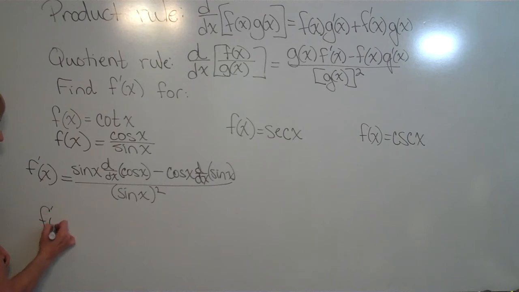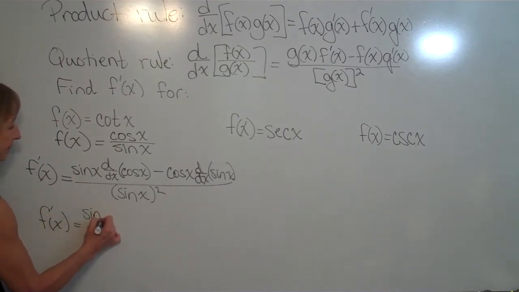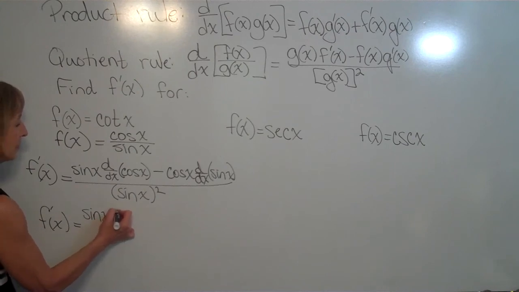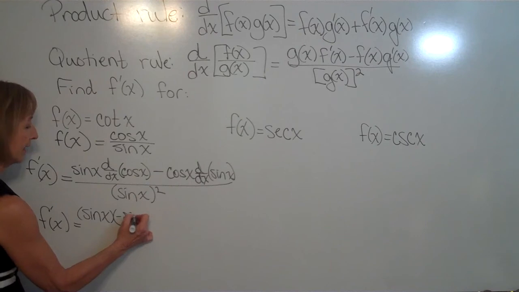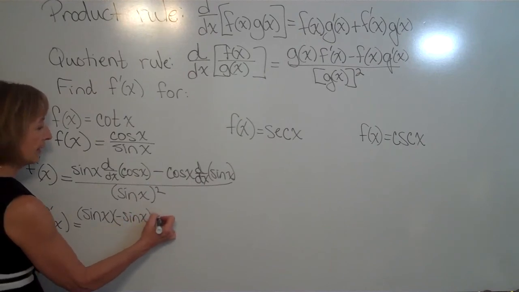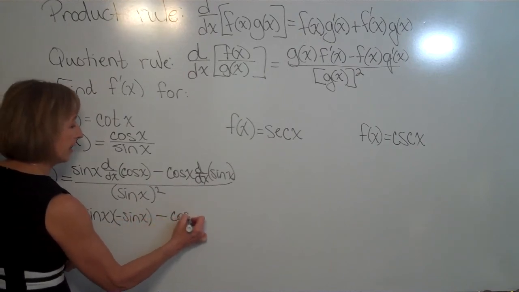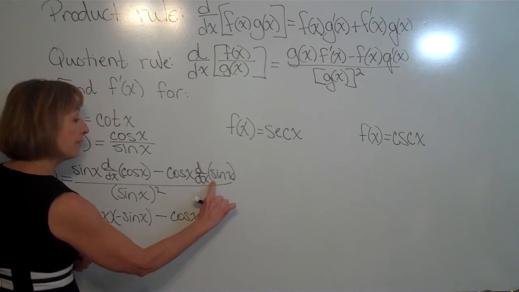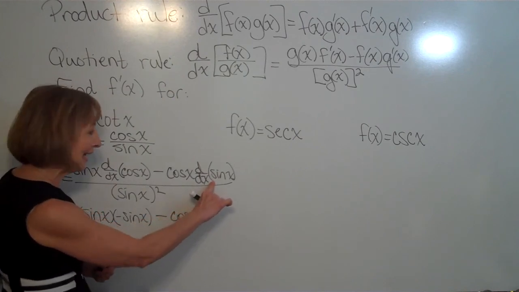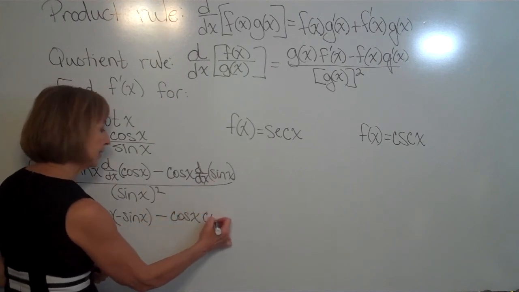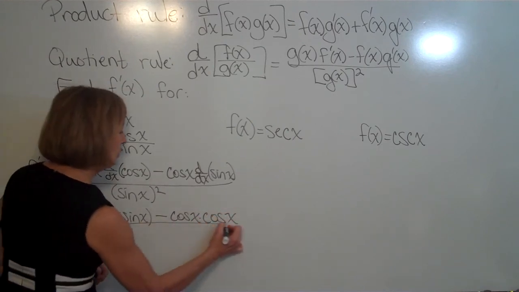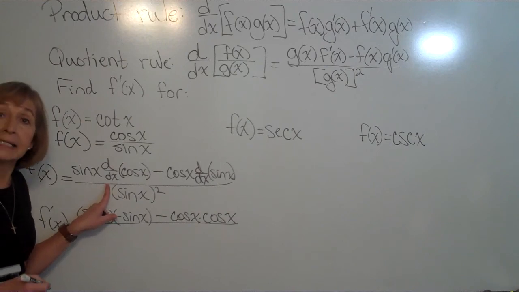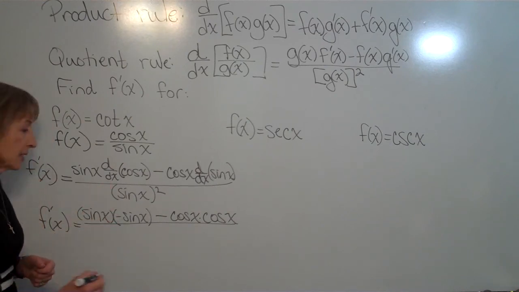So my f prime of x is equal to sine x times the derivative of cosine x, which is negative sine x, minus cosine x times the derivative with respect to x of sine x, which is cosine x, and that's all over sine x quantity squared, another way to write which is sine squared x.